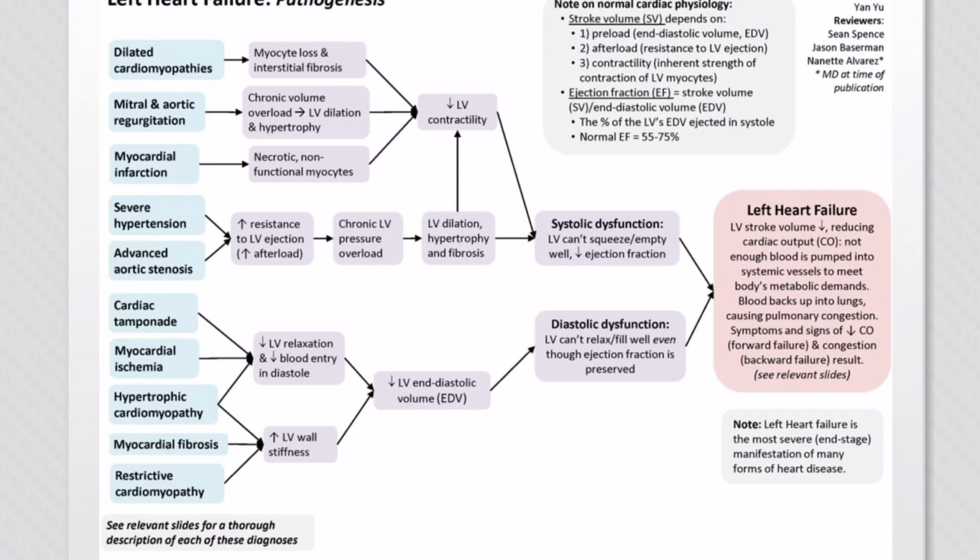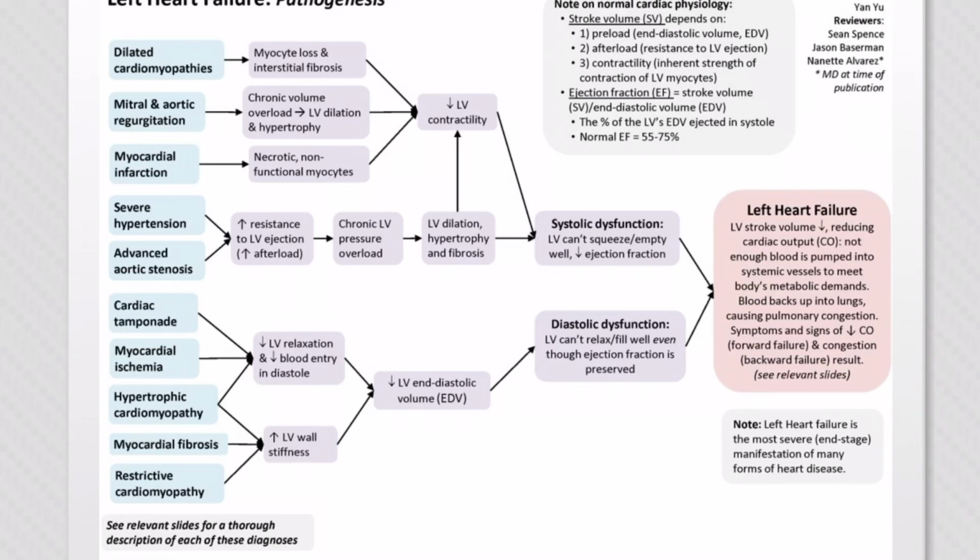There's dilated cardiomyopathy, some sort of valvular condition, myocardial infarction, severe hypertension, aortic stenosis, again another valvular condition, cardiac tamponade, and also cardiomyopathy that you're going to learn in third semester.